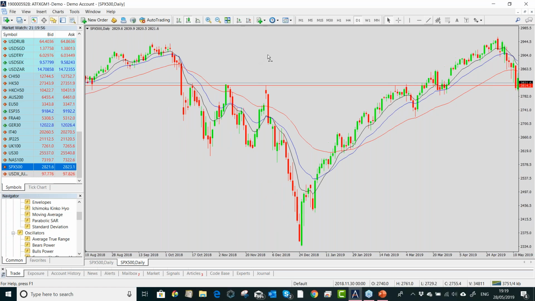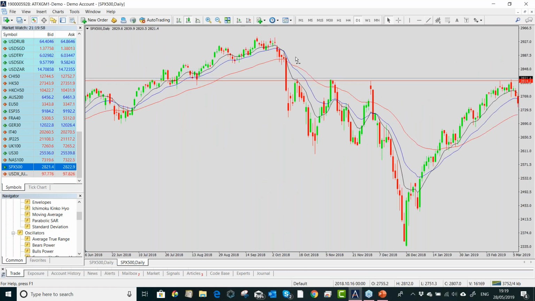What we've got is a level of horizontal resistance here, which I've drawn in as the red line. So we can see resistance, resistance, resistance. Price has struggled to get through there. It's been support in the past also over here.